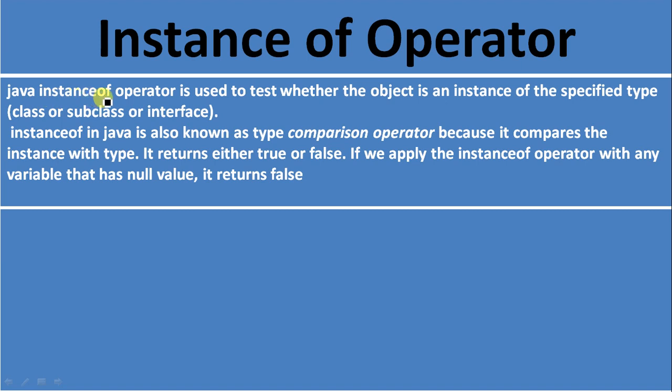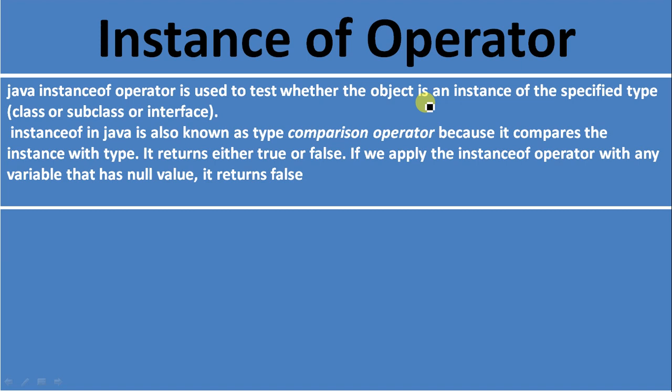The Java instanceof operator is used to test whether the object is an instance of the specified type, meaning a class or subclass or interface. It means to check the object is which type, a class type or a subclass type or an interface type.